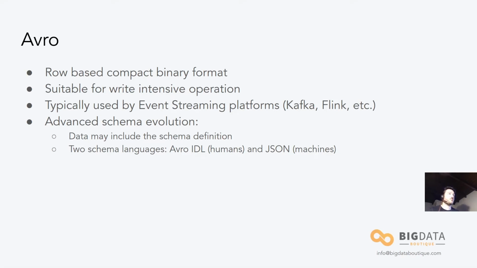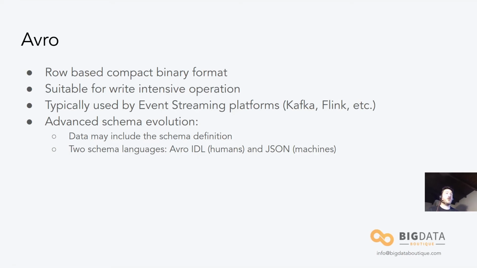The other thing Avro is really good at is providing schema evolution management. Basically, because it's able to include the schema definition inside the Avro data object. You may include the schema definition, or you may include an ID to be able to know what schema is in the data you are receiving, right?